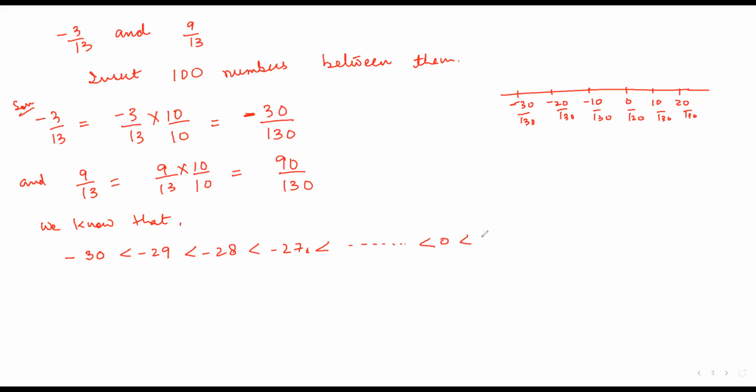And then 0 will be smaller than 1, will be smaller than 2, and then you will keep on writing, and then last you will get 88 is less than 89 is less than 90, right? So you have started from minus 30 and then you have written up to 90. So how many numbers will be there between minus 30 and 90? 100, right?